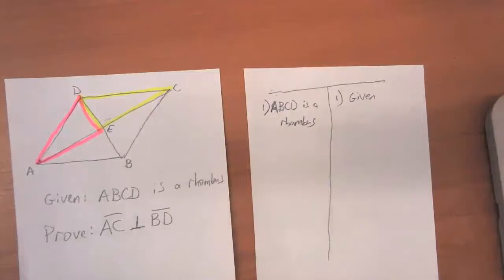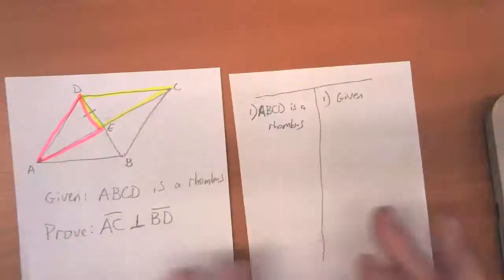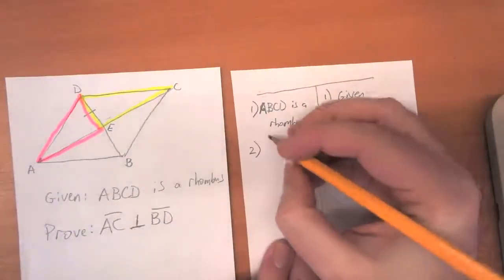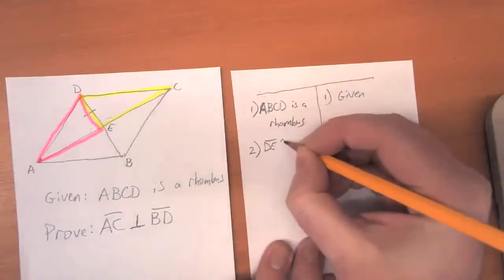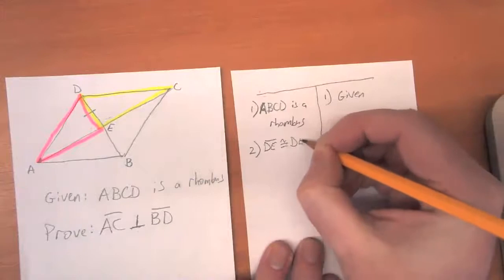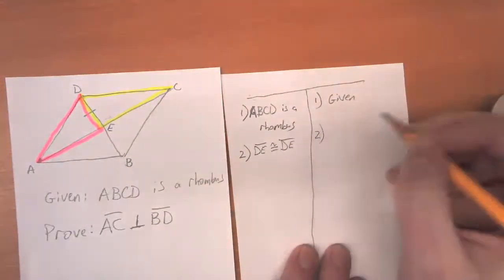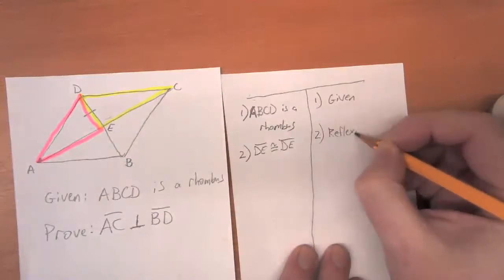Well, one thing that pops right off at us, hopefully, is that common side. I hope you're recognizing that whenever we see a common side, we're going to take advantage of saying that those two sides have to be congruent to each other because they're the same side. That's the reflexive property.